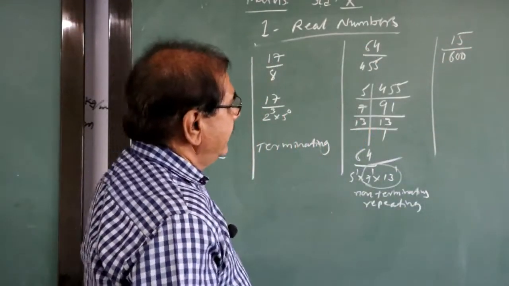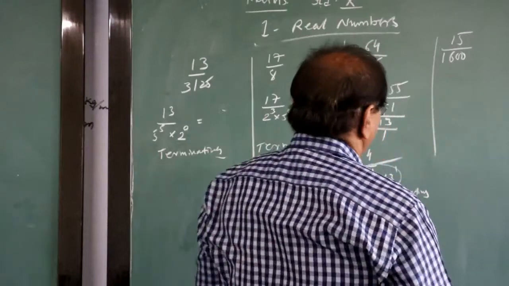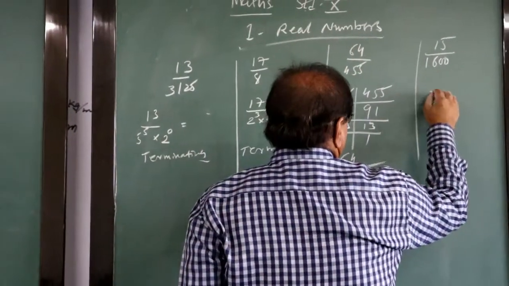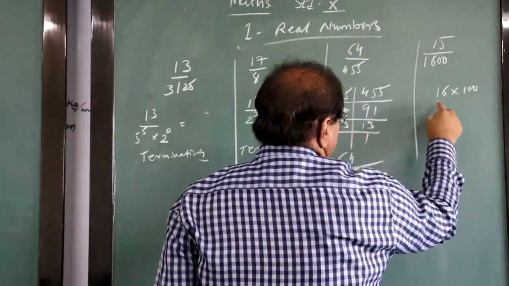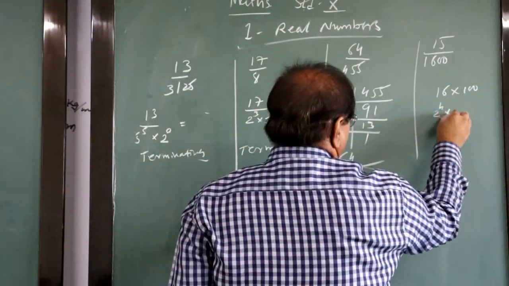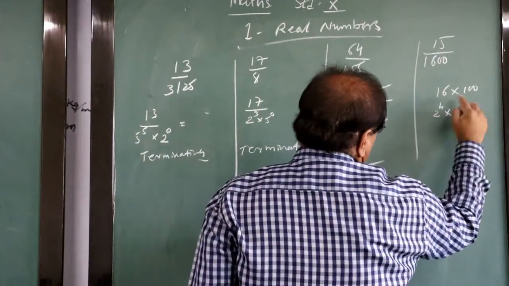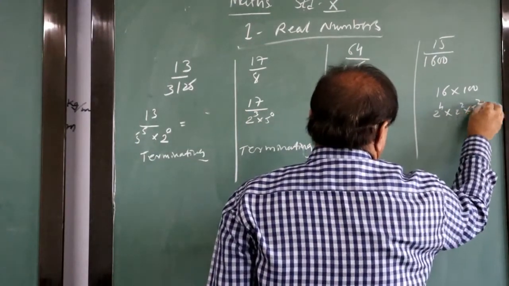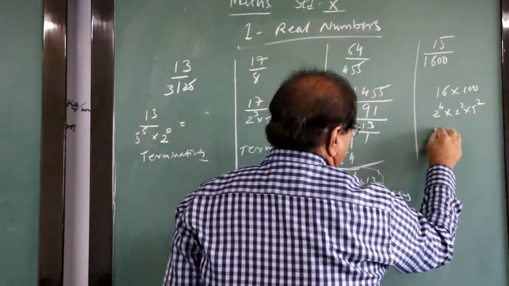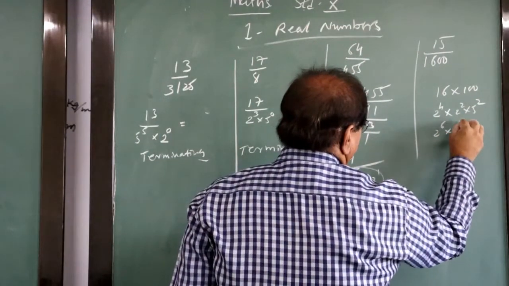We take one more, 15 upon 1600. Now we try to factorize 1600, simply by 16 into 100. 16 means 2 raised to 4, 100 means 4 times 25, so 4 is 2 square and 25 is 5 square. So ultimately it is 2 raised to 6 into 5 raised to 2.